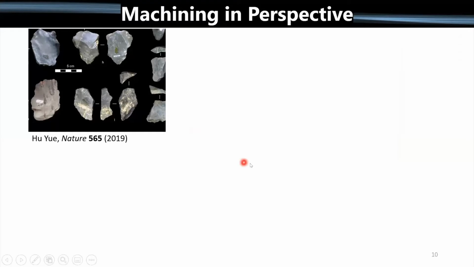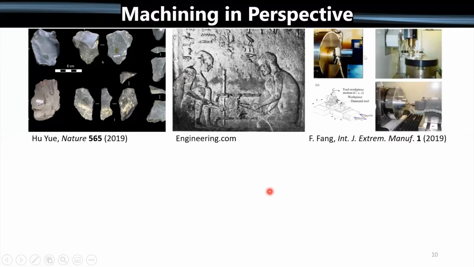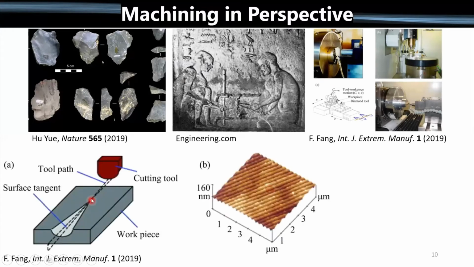So humans have been fascinated for quite some time in terms of carving things and making structures. So this, from the prehistoric level to ancient Egypt and an early depiction of a lathe, to more modern lathe and cutting tools that often employ a diamond cutting tool.